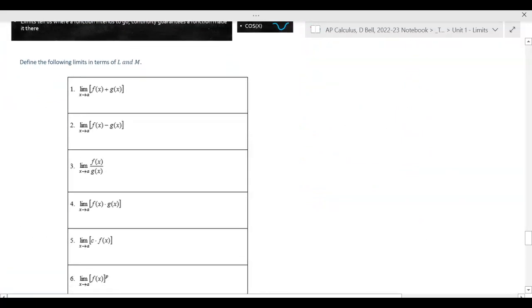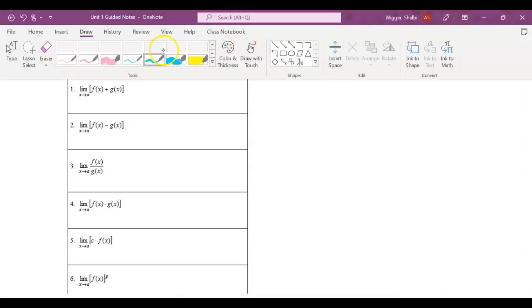Okay, let's look at the properties of limits.